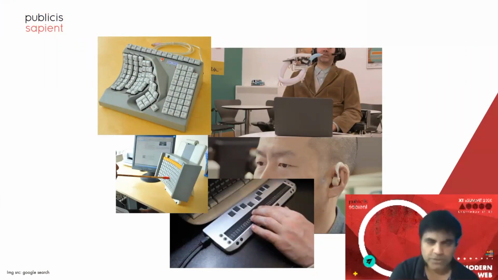If you look at the first image on the top left, this is a keyboard specifically designed for people who have difficulty using the normal keyboard or have only one hand to navigate through. The second image that you see is for people who are not able to use their hands at all. The stick that you see actually has a mouth clip on the other end, so a person can put it inside the mouth and navigate or press the keys on the keyboard using the stick.